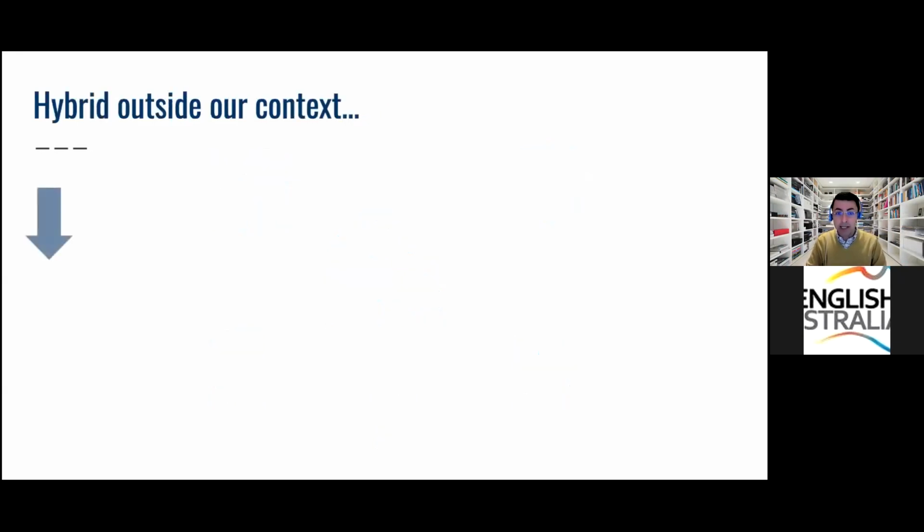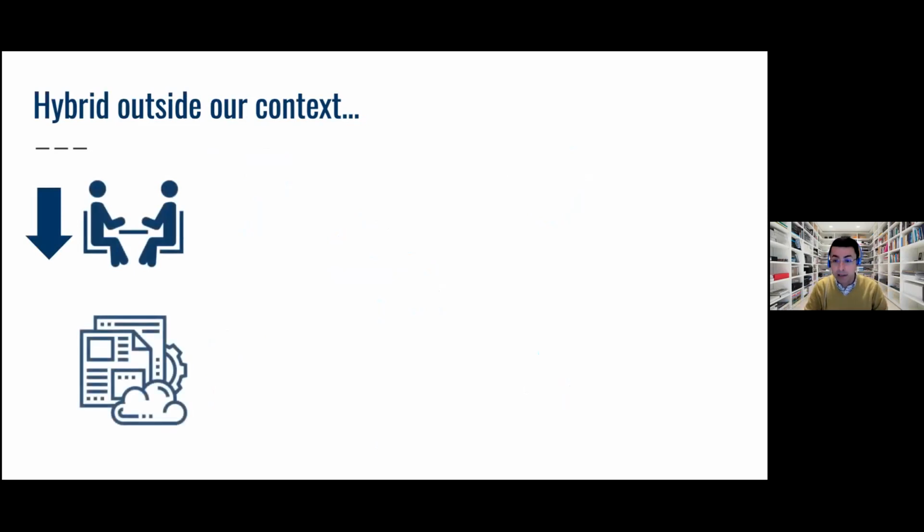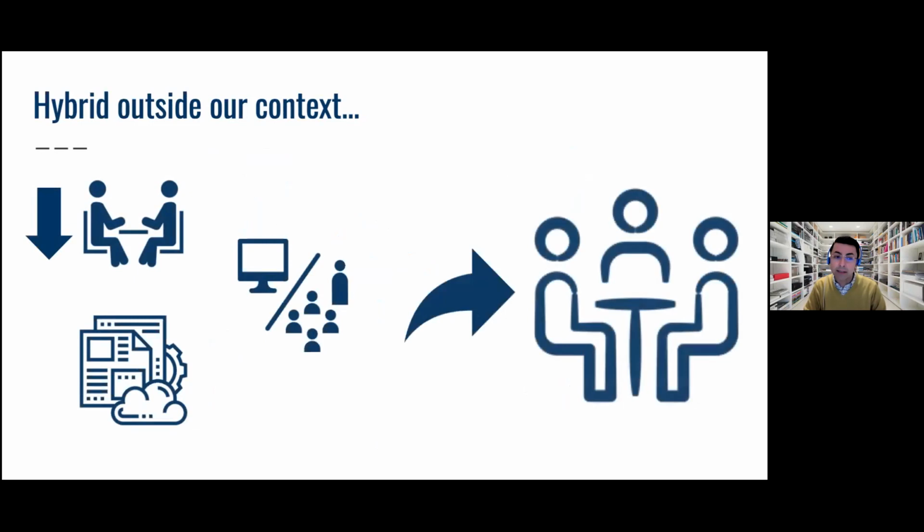Outside our context, usually hybrid means that face-to-face hours are reduced in favor of online content. And then in a flipped classroom approach, students work on the content online, and then in class, they discuss and have more time to approach that content.